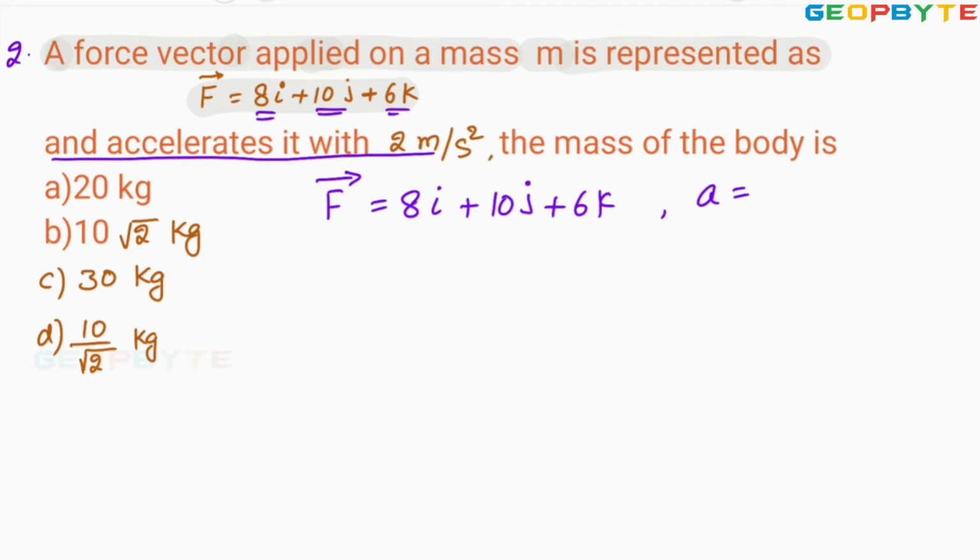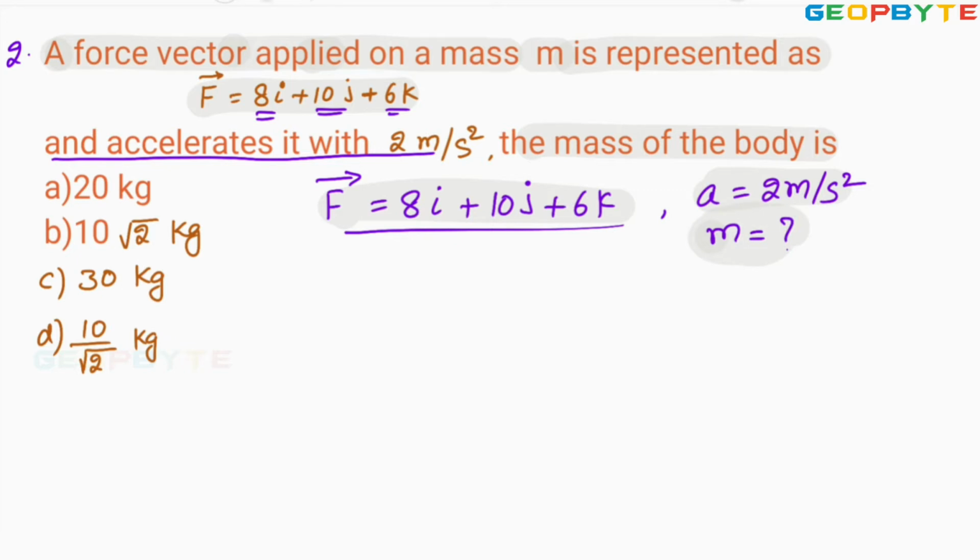Acceleration a equals 2 meter per second square. You are asked to find the mass of the body. When this much amount of force is acting to accelerate with 2 meter per second square, what is the mass of that particular body?